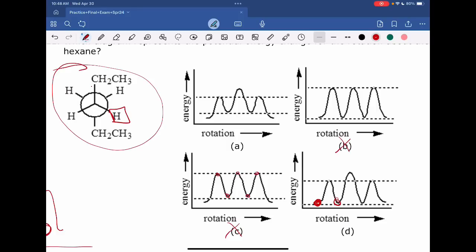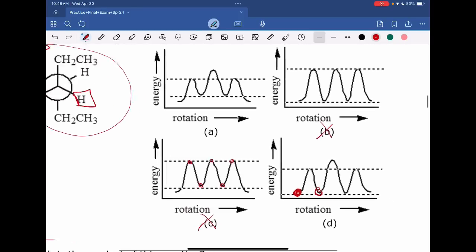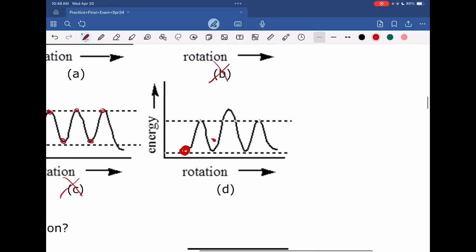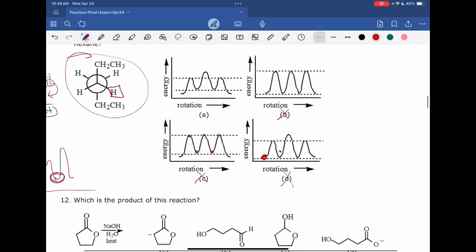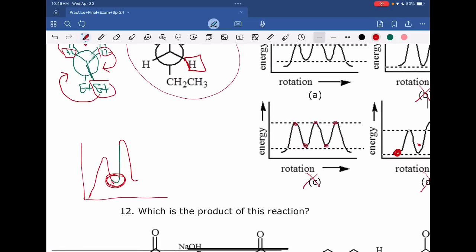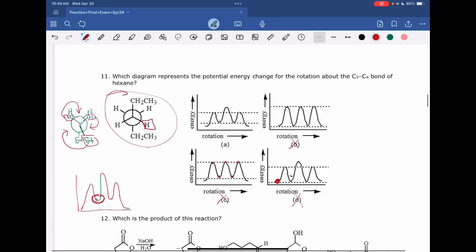And gauche is higher in potential energy than anti. So this does not make sense. This local minimum would have to be a bit up. It can't be at the same level as where you started, so D is wrong. It's gotta be A, because A is the only thing that looks like what I said. So it's gonna look like this. It's gotta be A.